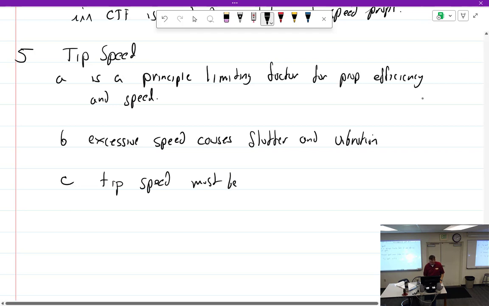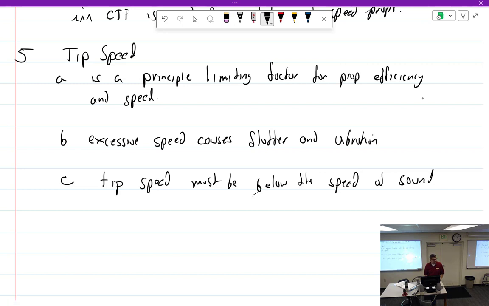So tip speed must be below speed of sound. I think while you're also going through that transonic range, you start losing lift. Oh yeah, well, they're not supersonic airfoils, so that would.